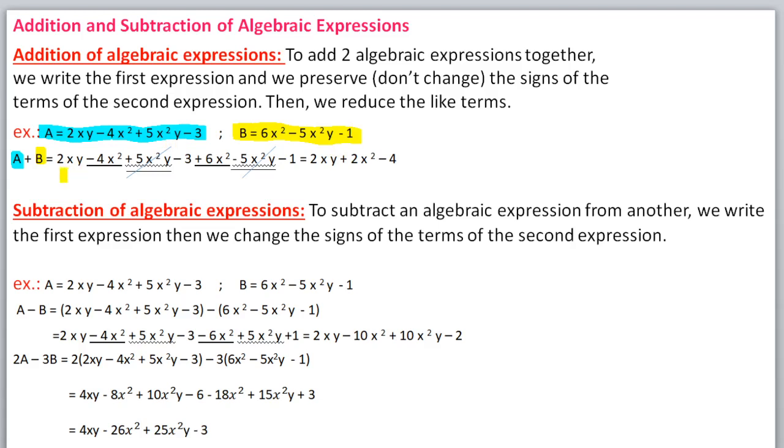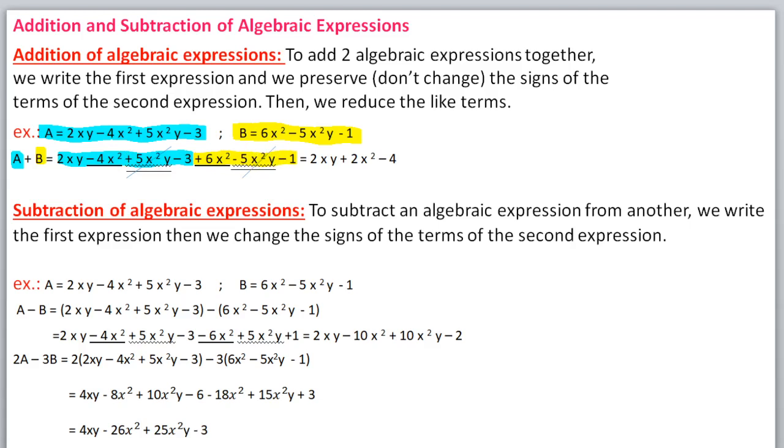So this is A: 2xy minus 4x squared plus 5x squared y minus 3. And B. Well, since we are adding here, we just copy this with the same sign. So it is plus 6x squared minus 5x squared y minus 1. This is A and this is B.